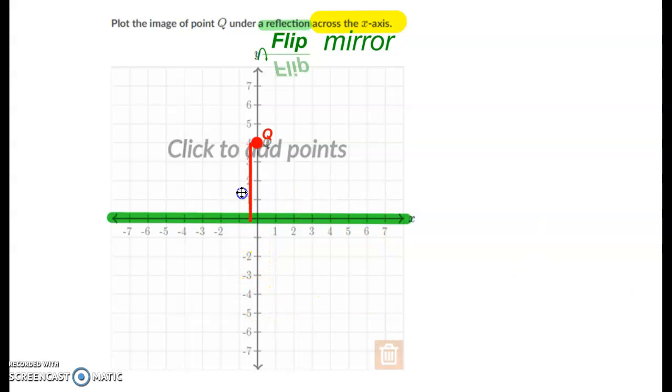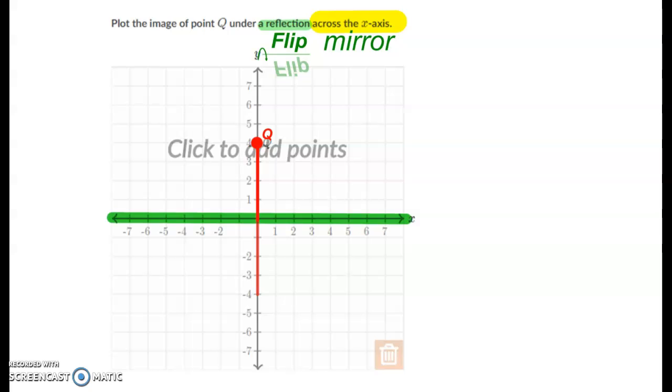So if I look at this point Q and I see how far away I am from it, well, it says right here 4, but I could count also 1, 2, 3, 4 steps away. I know that I'll be the exact same number of steps when I flip this to the other side.